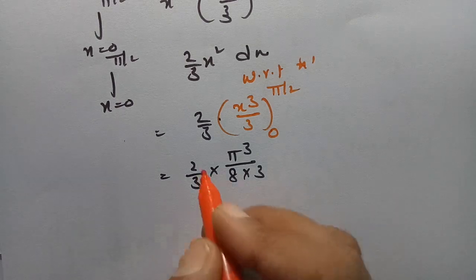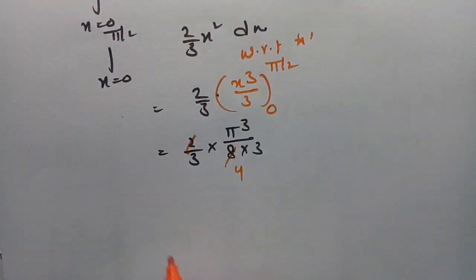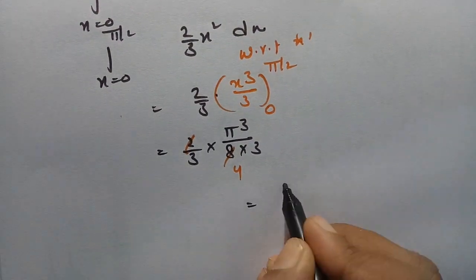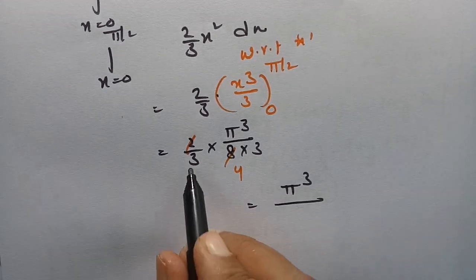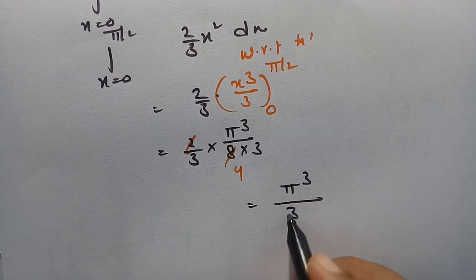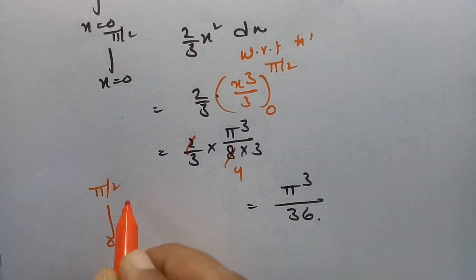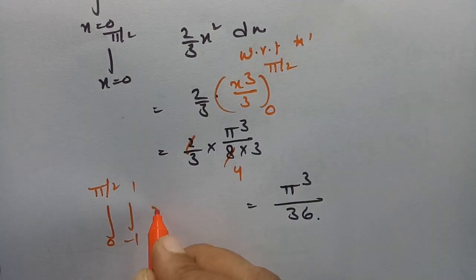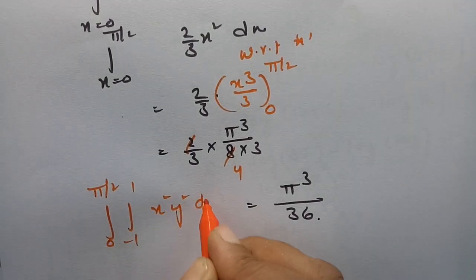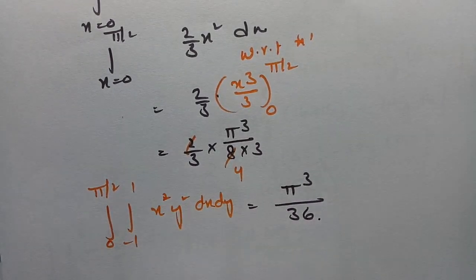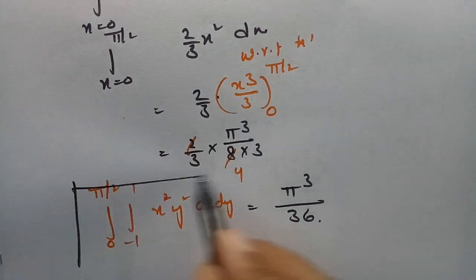Cancelling, the answer will be pi cube by 36. Therefore the value of the integral from 0 to pi by 2 and -1 to +1 of x square y square dx dy is nothing but pi cube by 36.